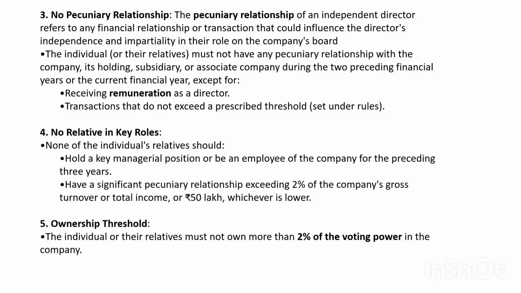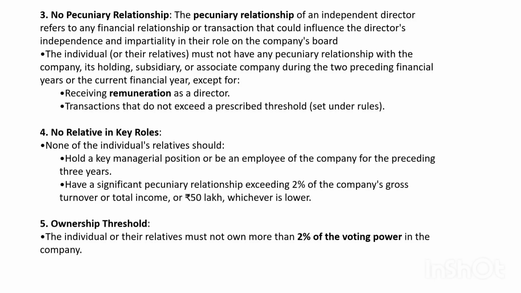Thus, the individual must not have any pecuniary relationship with the company, its holding, subsidiary or associate company during the two preceding financial years or the current financial year, except for receiving remuneration and transactions that do not exceed a prescribed threshold.